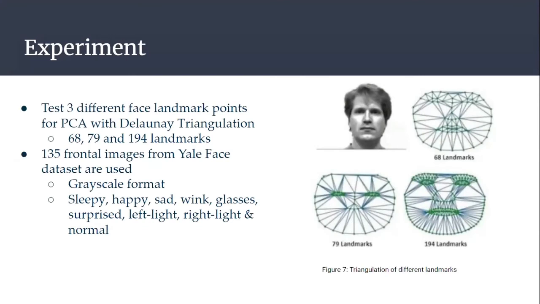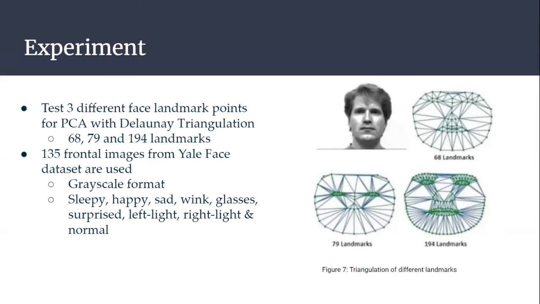Now, in this experiment, we conducted 3 different trials of this experiment, taking into account different landmarks. So trial A was with 68 landmarks, trial B was with 79 landmarks, and trial C was with 194 landmarks. And figure 7 is just illustrative of all the landmark points being used, and also the triangulation with it.